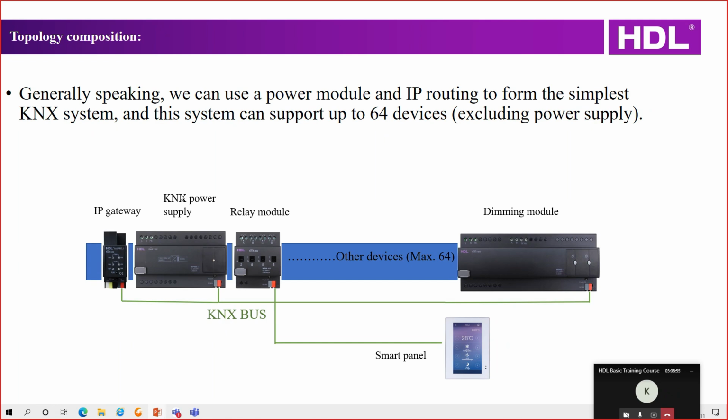Here is an example of a KNX system. You have to use an IP gateway, KNX power supply, relay module, and other devices, and it's up to 64 devices. And then you can use a smart panel to control all these devices.